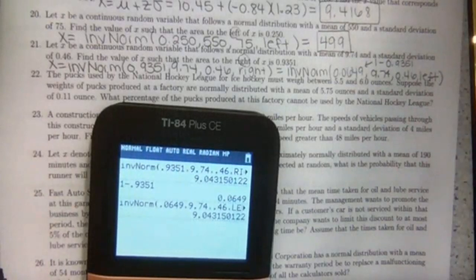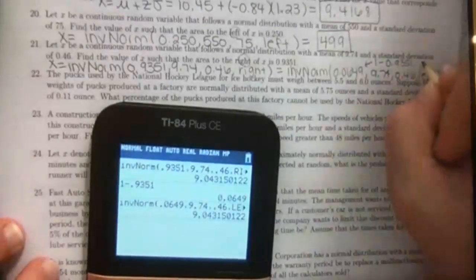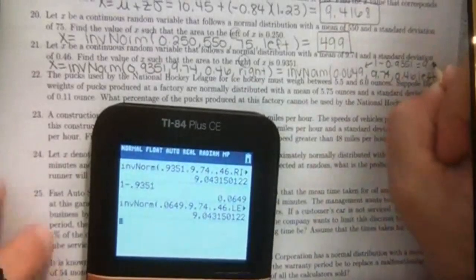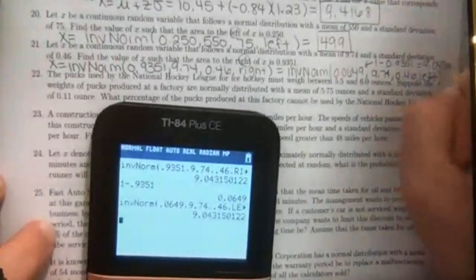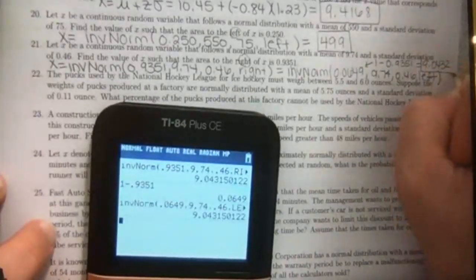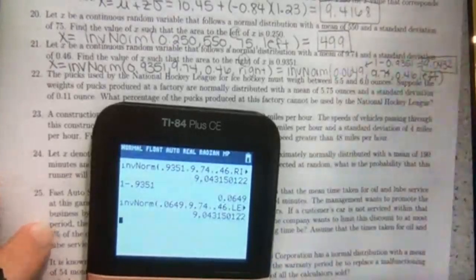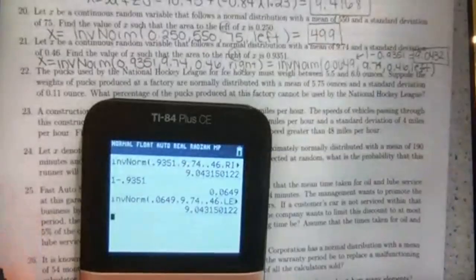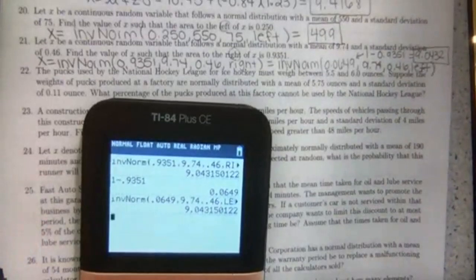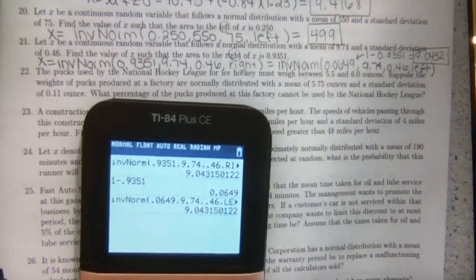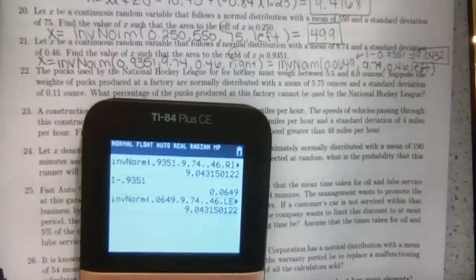It keeps on going, so 9.0432. This is one of those that if you use a calculator or a table, it gives you a little bit different answer, but it's still 9.04. It gives you enough to be able to pick the correct multiple choice option.